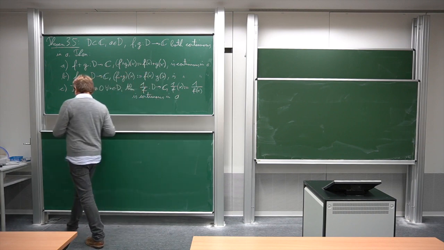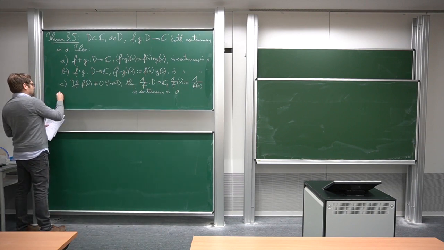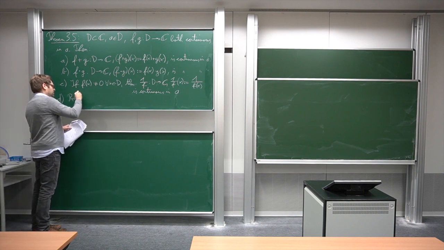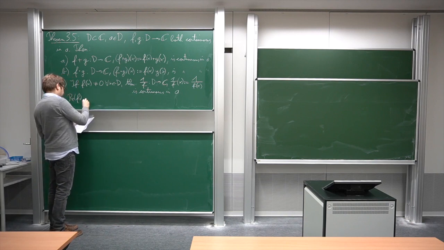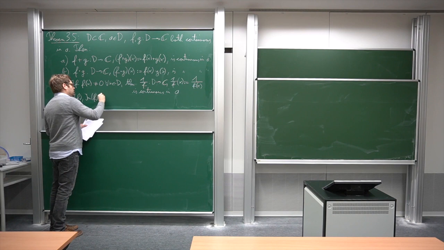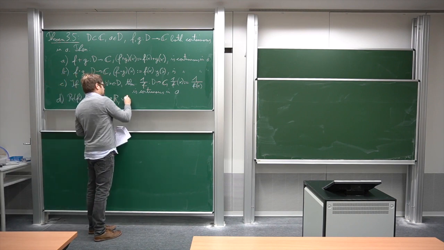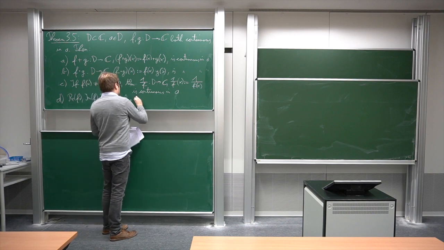And finally, the function real part of f and imaginary part of f. These are two functions both going from D to R, and you can guess what it is.